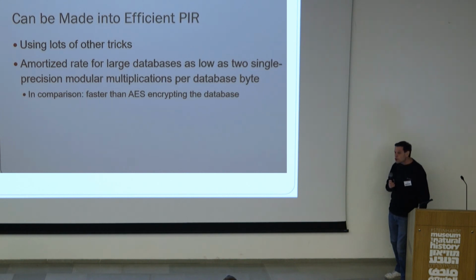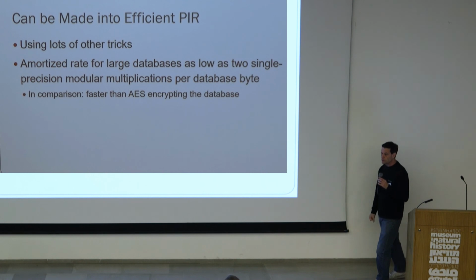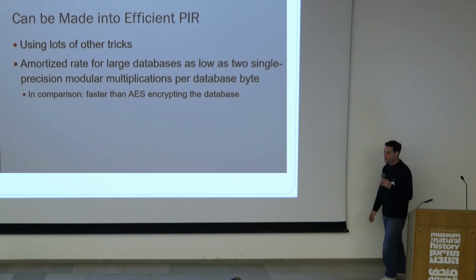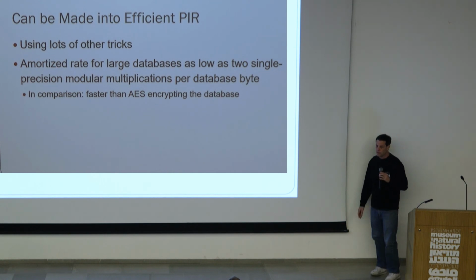It turns out that you can make that into something that's presumably fast. I never implemented that. But when you do the calculations of how much work you're doing, the amount of work for every byte in the database is something like 2 or a little under 2 modular multiplications for small primes, like 60-bit primes or something like that.